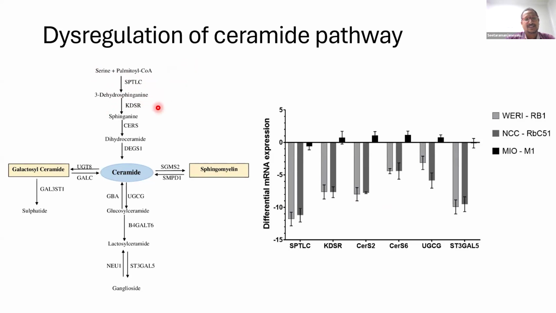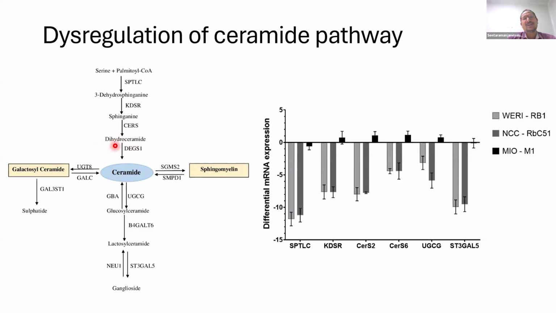3-ketosphinganine. Upon the action of KDSR protein, the ketone group will be reduced, so it will be a saturated chain now, sphinganine. Upon the action of ceramide synthase, up to now it is only an amine. To this amine, a fatty acid will be added, so the amine is linked to a fatty acyl chain, making it dihydroceramide.